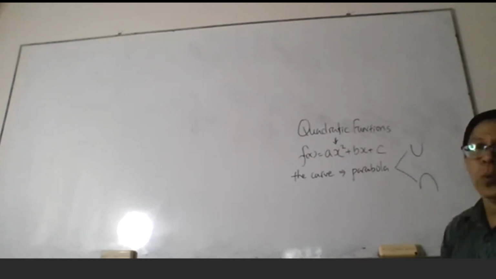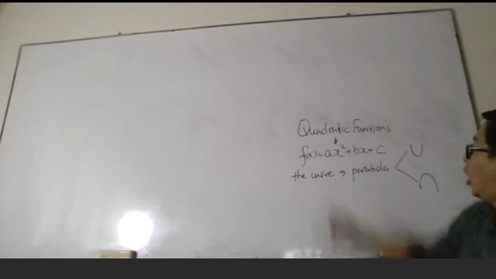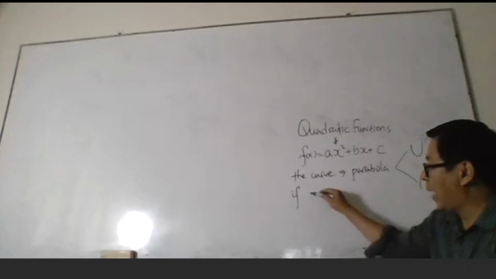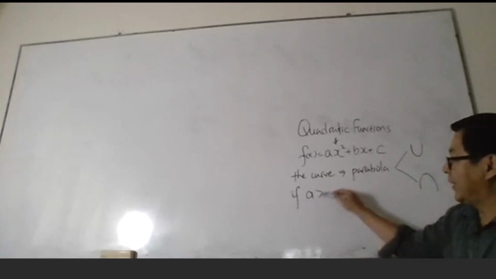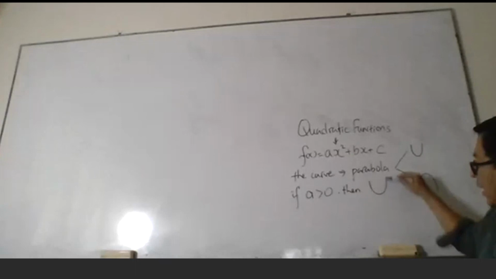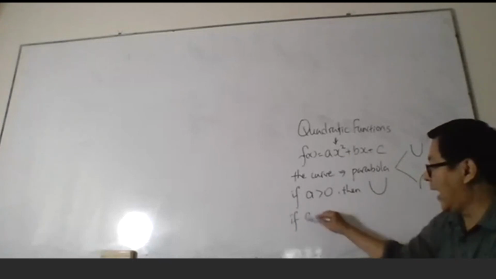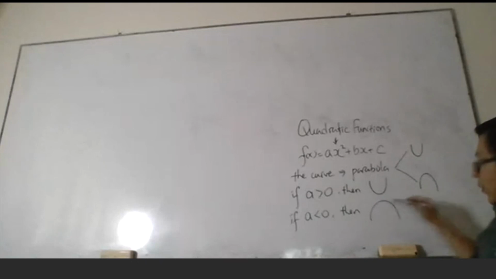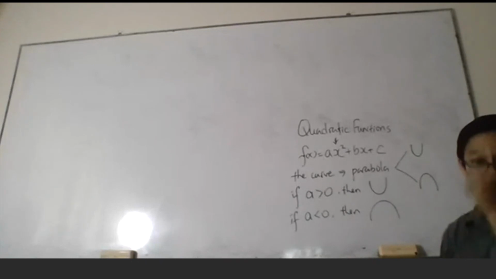How we are going to determine that is simple. It all depends on the value of a. If the value of a is greater than 0, then the parabola is a U curve. If a is less than 0, then we get an N-shaped parabola.